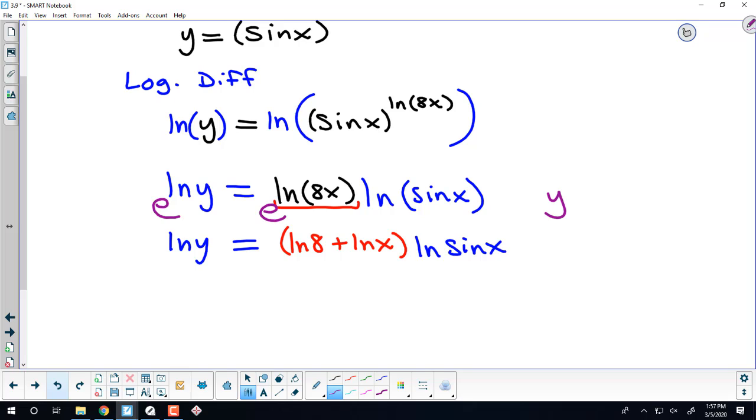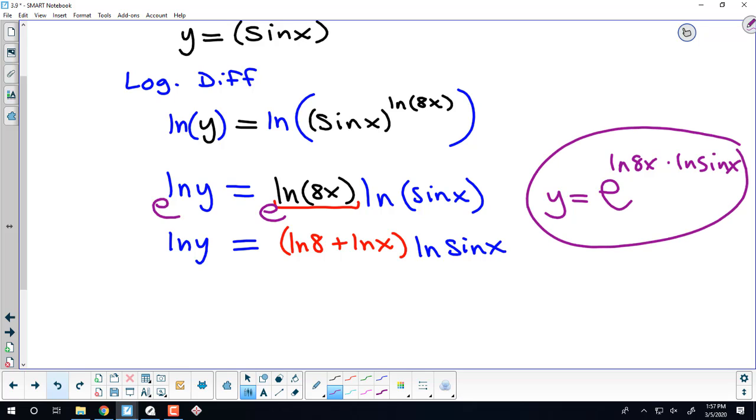So we have just y on the left-hand side equals e to that power. Isn't that what we had when we rewrote that function originally in terms of e and natural log? So it's virtually the same kind of procedure, it's just slightly different because we're not actually exponentiating both sides.